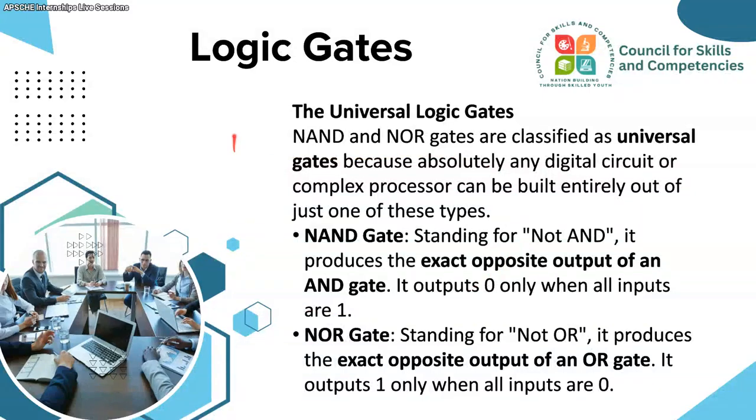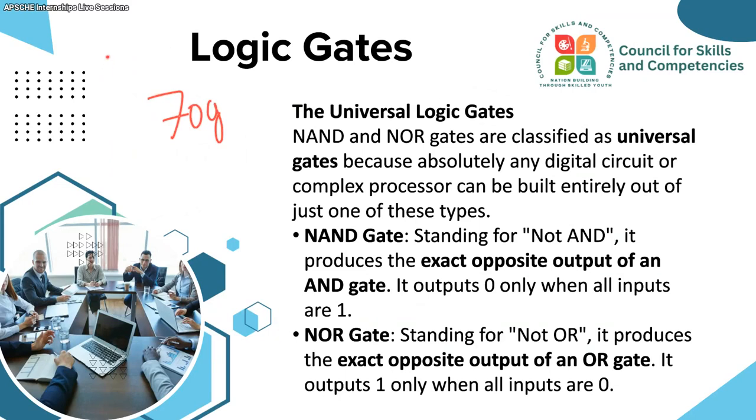Next, sir, you already told us the basic gates, so what is this universal logic gate? Please try to understand. If I want to build a circuit and go to the shopkeeper, I need 10 OR gates, 20 AND gates, and 40 NOT gates, around 70 gates.